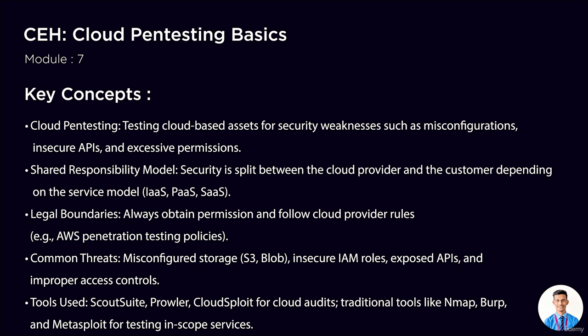Additionally, classic pen testing tools like Nmap, Burp Suite, and Metasploit can still be used for in-scope targets like cloud-hosted web applications or VMs. One of the most important aspects of cloud pen testing is reconnaissance and enumeration.